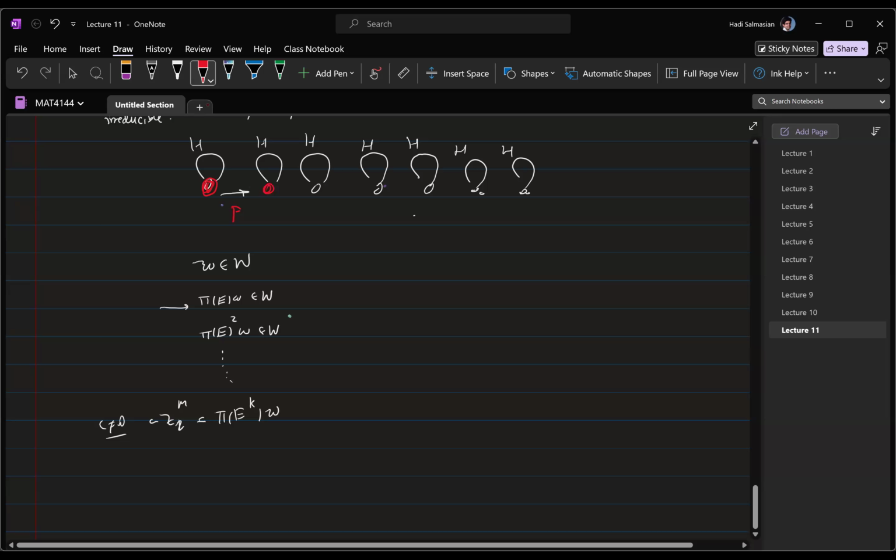And you continue, like then this vector is also in W, and this vector is in W, and this, and this, and this. So everything from the basis is in W. Okay, is it all clear?